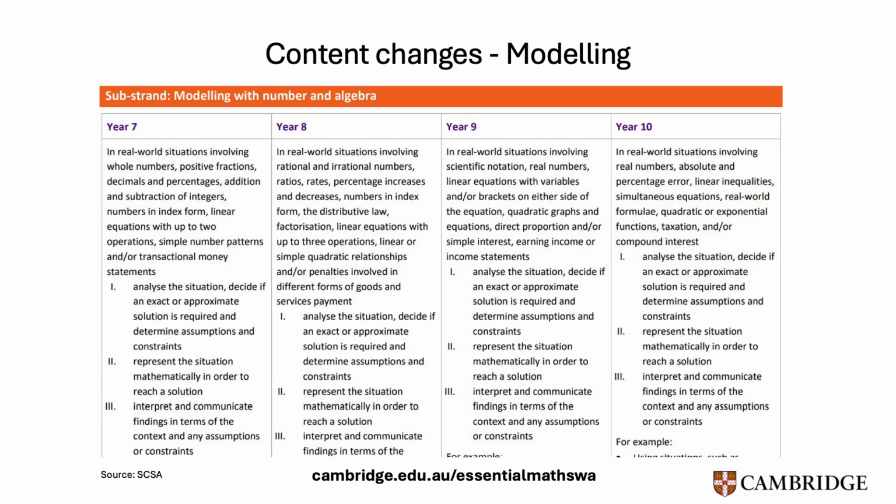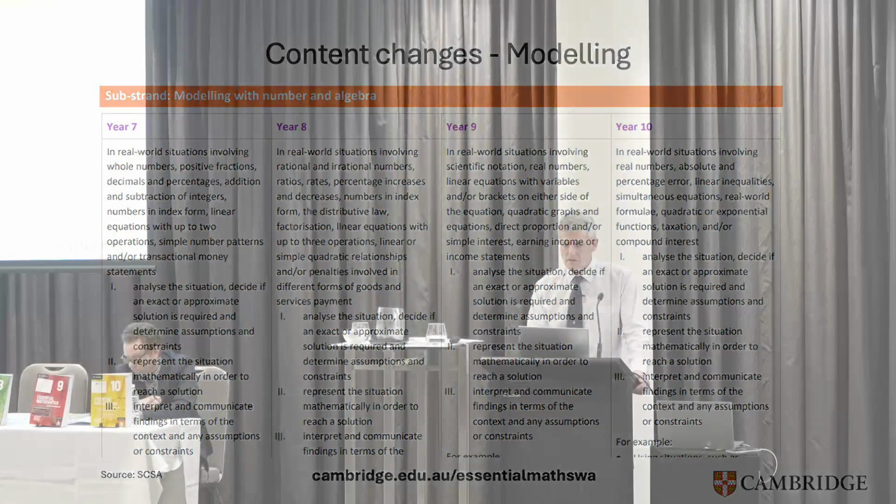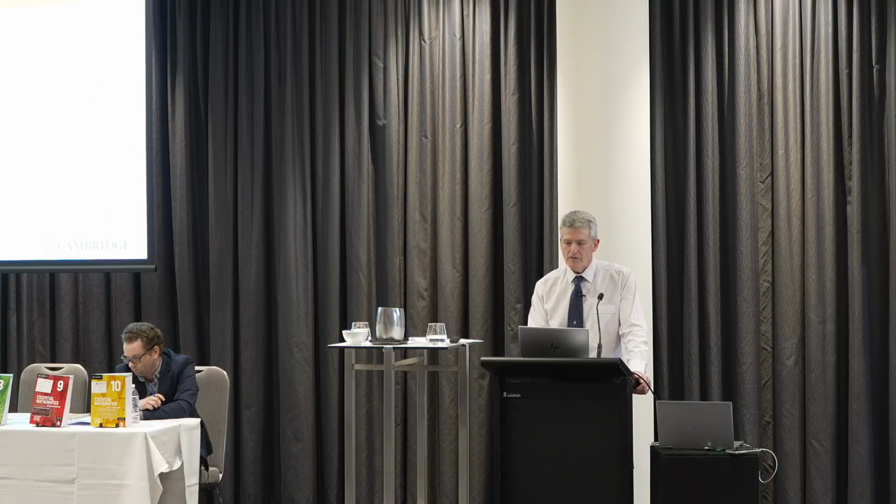The keywords are there, and you can see the horizontal development. Each of the content descriptors starts with "in real-world situations involving whole numbers, positive fractions," and then they are expected to be able to analyse, interpret, represent, and communicate. So this is a key part of the WA curriculum.